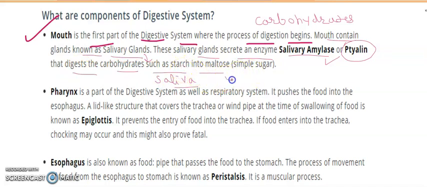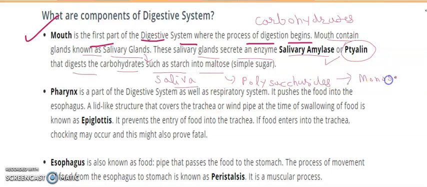Now starch is a polysaccharide. If I say carbohydrates, they are divided into monosaccharides, disaccharides and polysaccharides, right? So starch is a polysaccharide, and a polysaccharide should get split into smaller components.